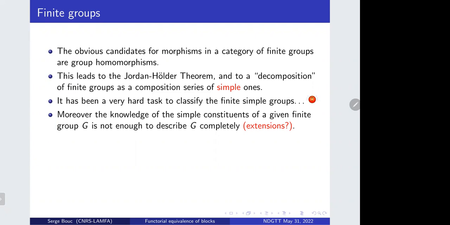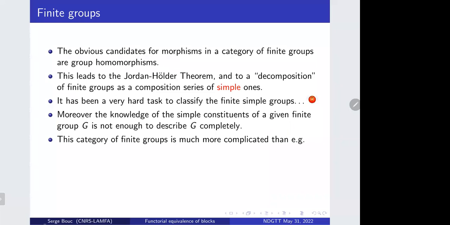And we may try to compare it with a very elementary category that every first-year student knows very well, which is the category of finite dimensional vector spaces over a field. In that category, we also have the notion of simple objects and of composition series, but the situation is much nicer.